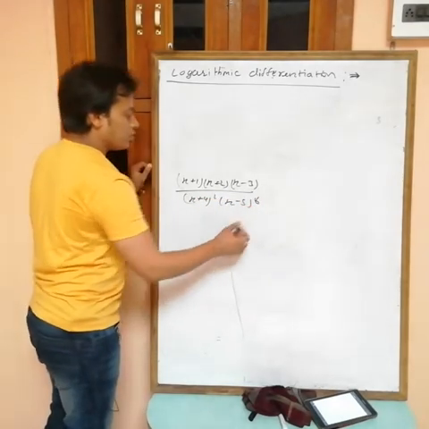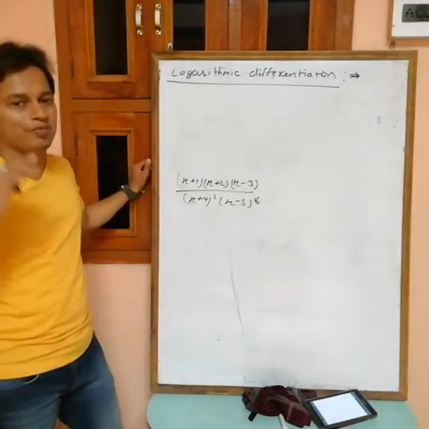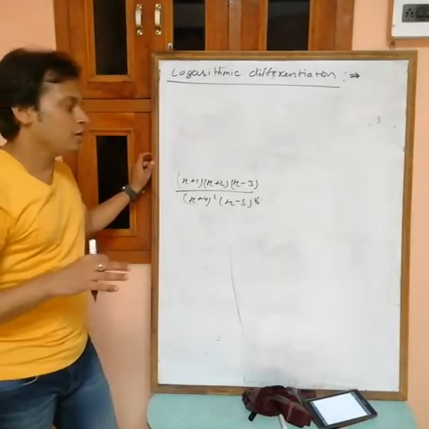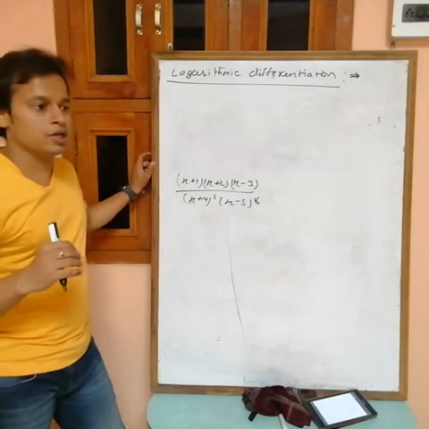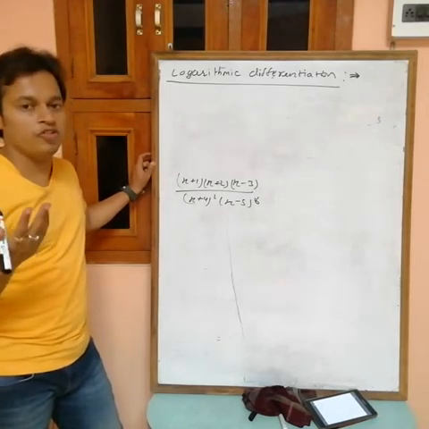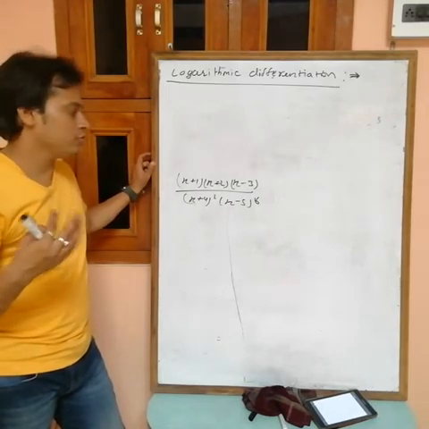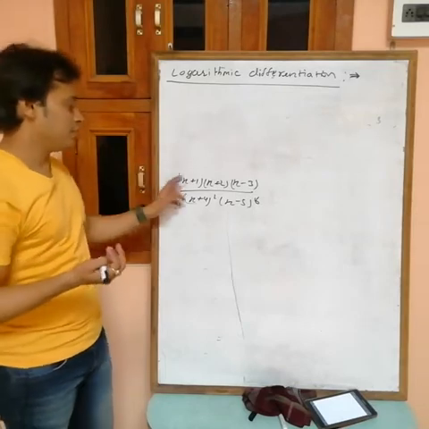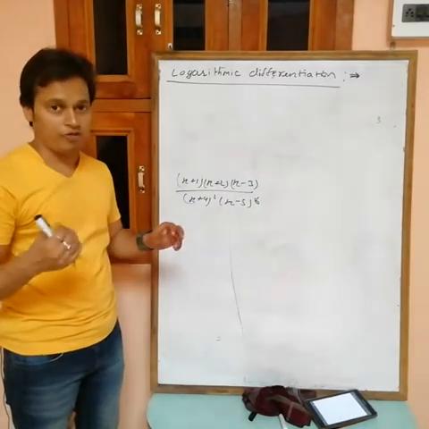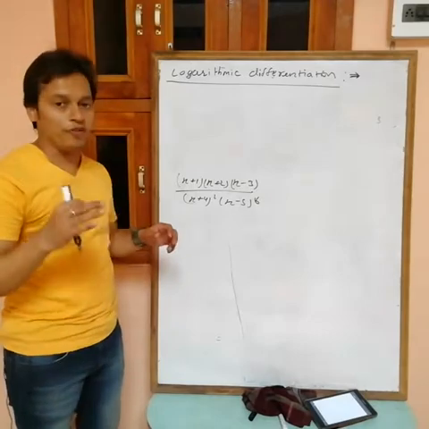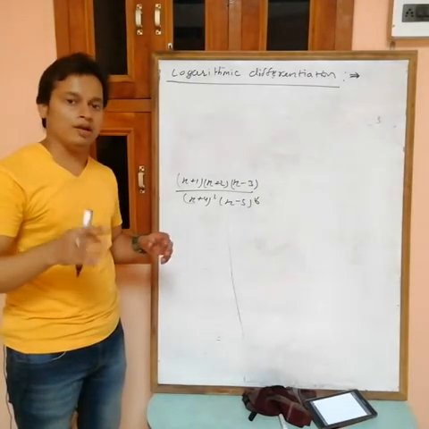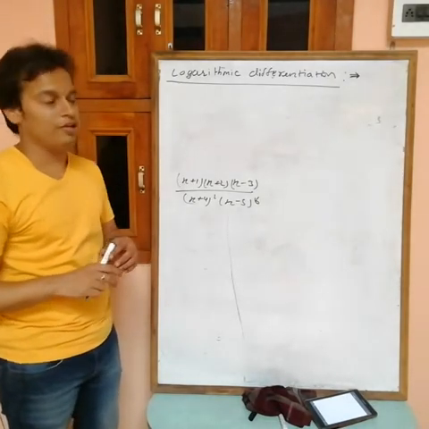Now for this one, if you use the u by v form, it becomes lengthy. So anytime a function is given as a product or quotient of a number of functions, more than 2 or 3, like this one, your total 5, then we first have to take logarithm and then differentiate to get the value of dy by dx.